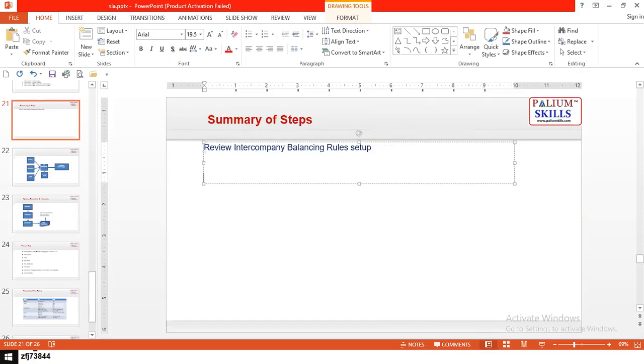We also created intercompany balancing rules.